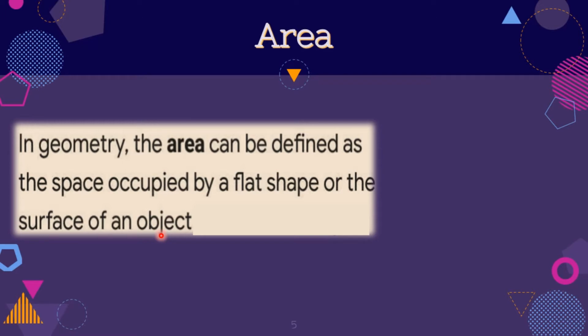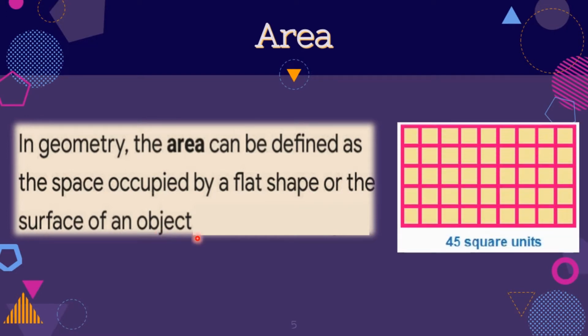For example, as you can see in this rectangle, there are 45 squares of the same size. So we say the area of this rectangle is 45 square units. Area is measured in square units such as square centimeters, square feet, square inches, etc.